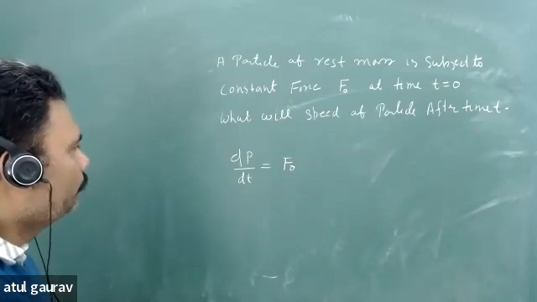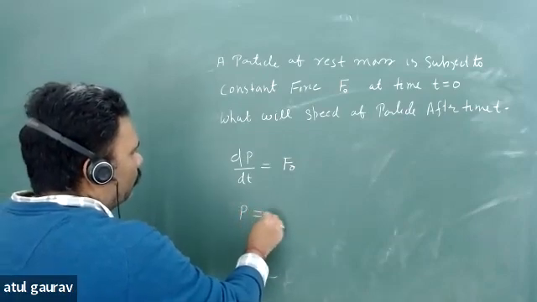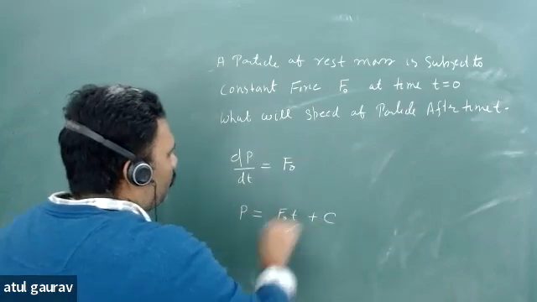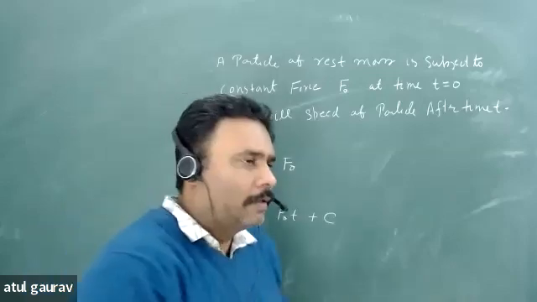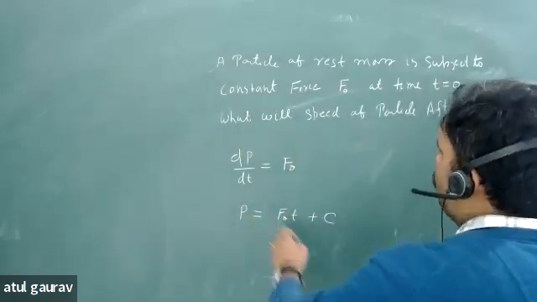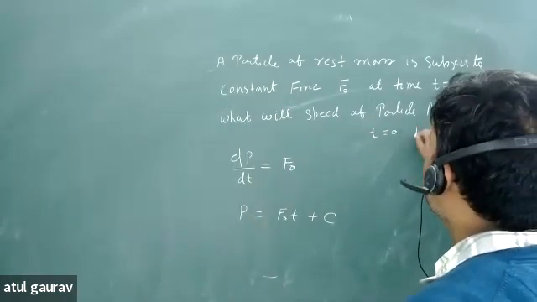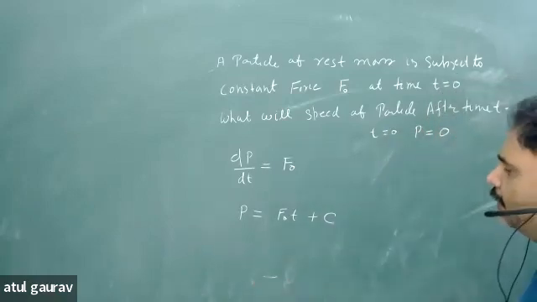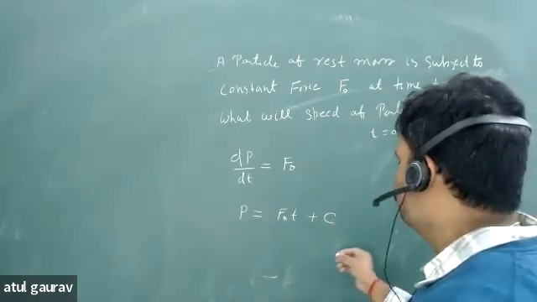So P is equal to F naught into t plus some constant. The particle also started from rest, so at t equal to 0, the momentum of the particle is 0. So at t equal to 0, momentum is 0, so C is also equal to 0.